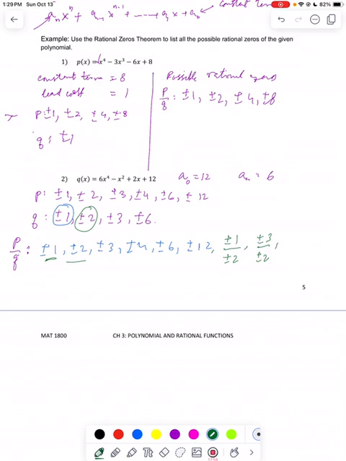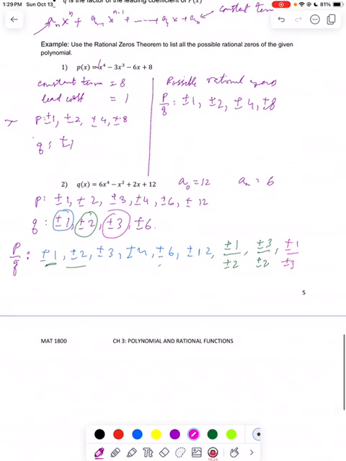So then we go to the 3. Now we are going to divide by 3 all the p values one by one. The first one will be plus minus 1 over plus minus 3. Second will be plus minus 2 over plus minus 3. Do we have that before? No. So we'll put that plus minus 2 over plus minus 3. What about the next one? That will be plus minus 3 over plus minus 3, which is plus minus 1, so we don't write that. Next will be plus minus 4 over plus minus 3.